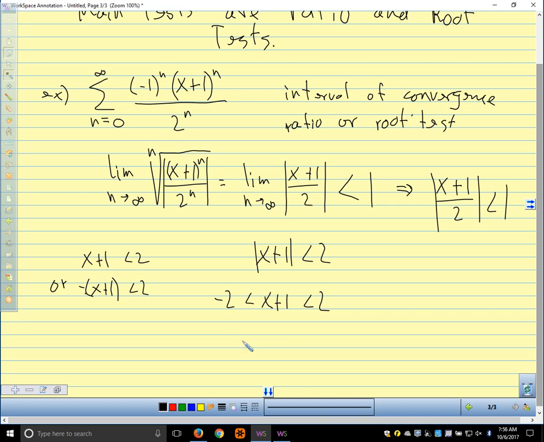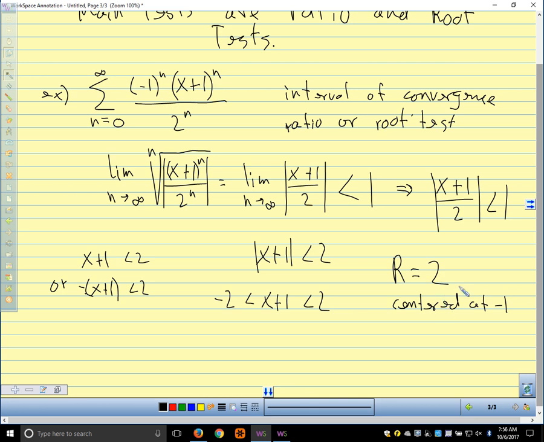So our radius of convergence is 2. Where is this power series centered? At -1, because it's x minus -1, so (x minus -1)^n.